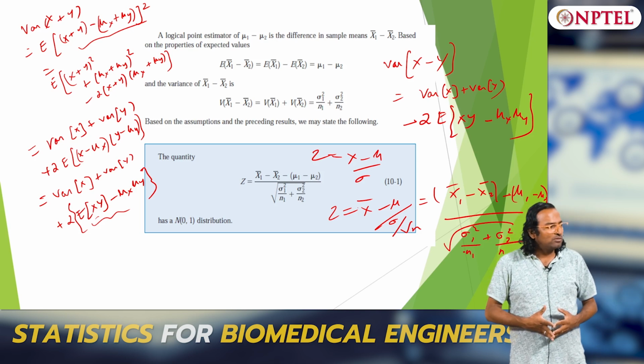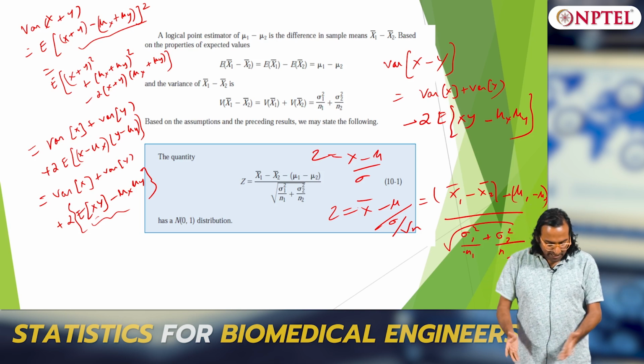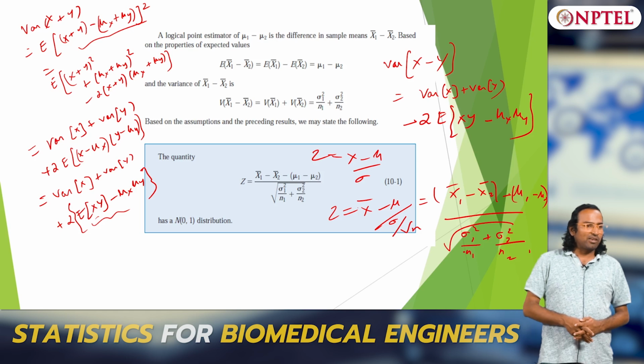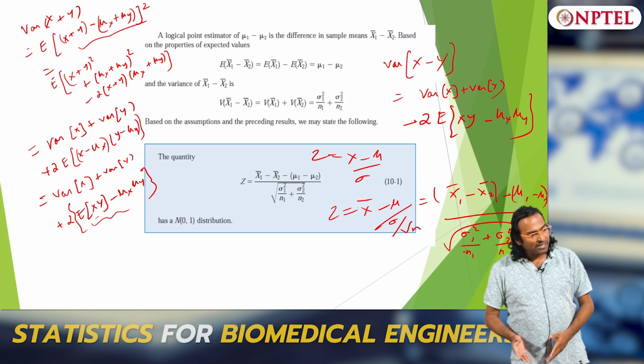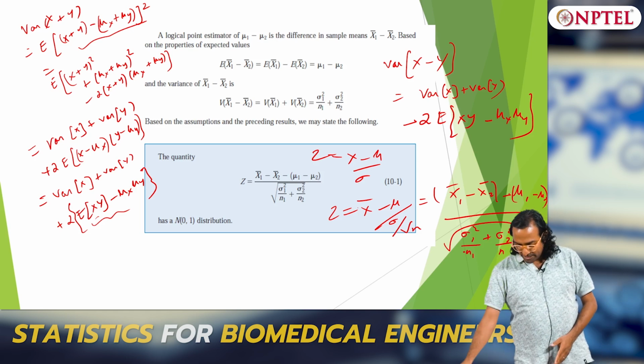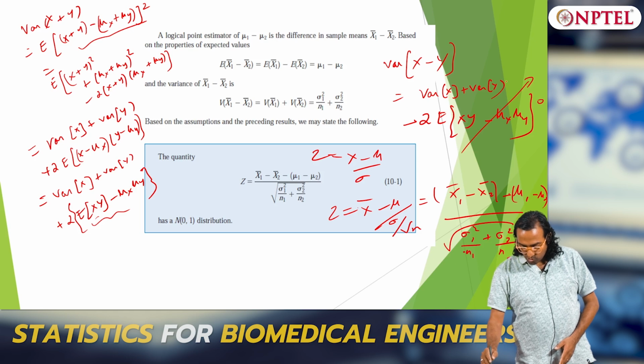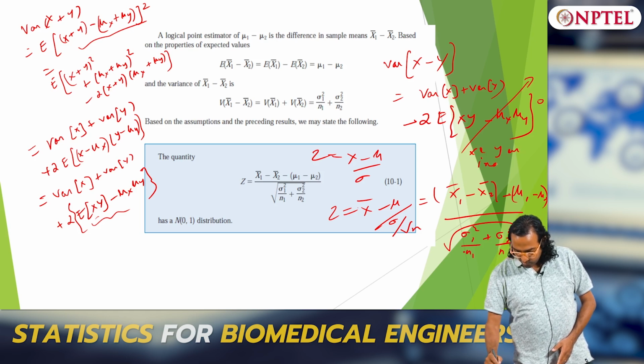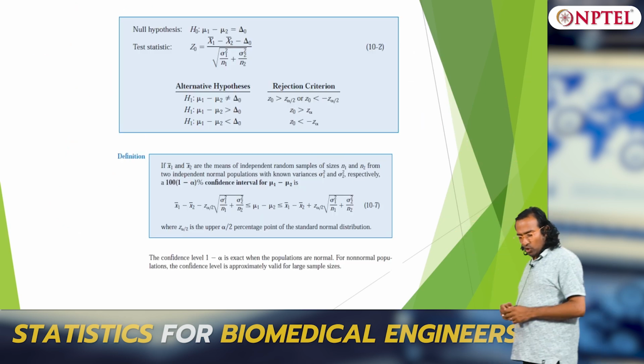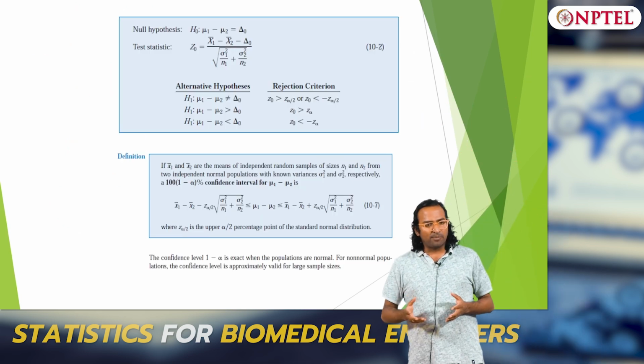That we can derive, I have derived it in the class earlier. For x plus y and x minus y you can derive it the same way. Since you are assuming independence, this term goes to 0, so you will have only variance of x plus variance of y.